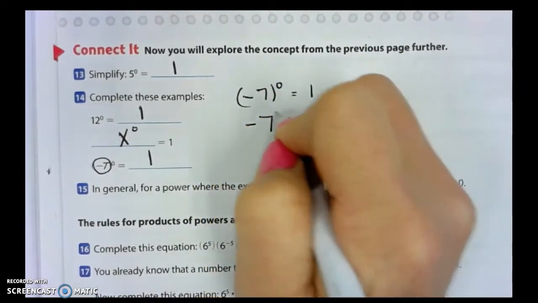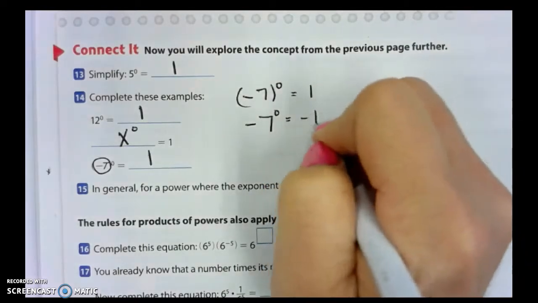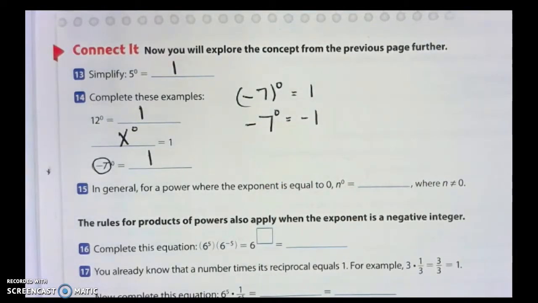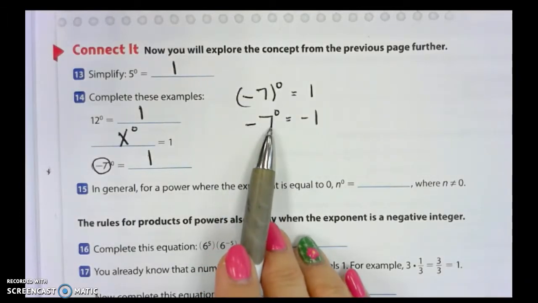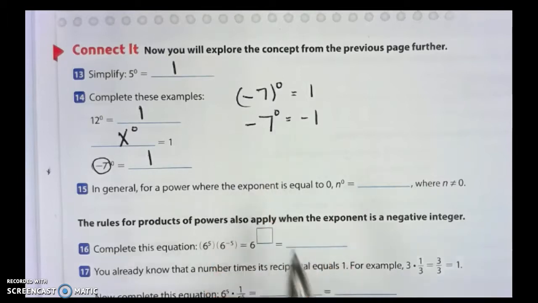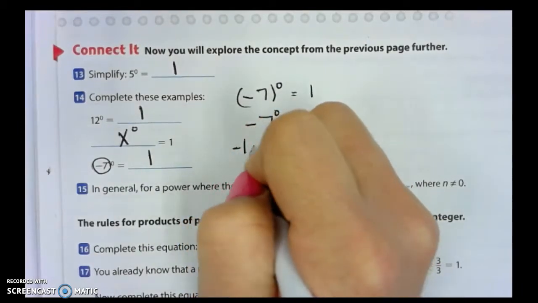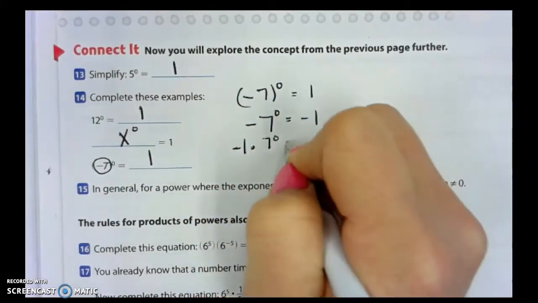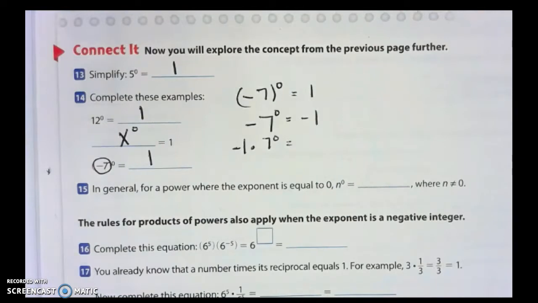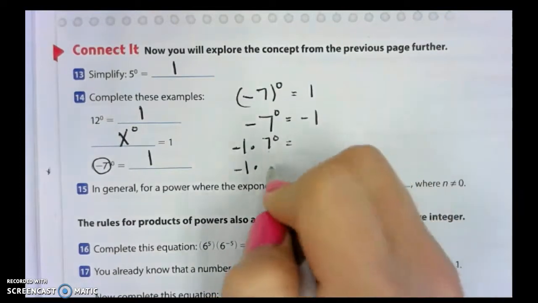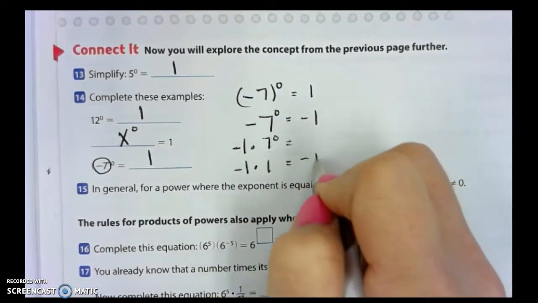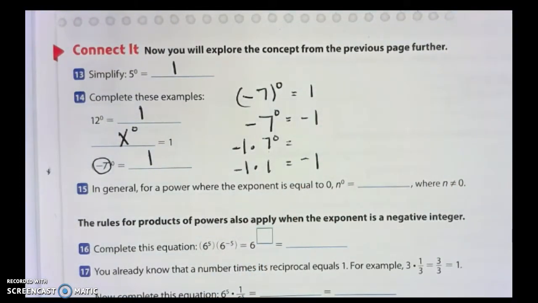Negative 7 to the 0, without parentheses, is negative 1. The reason why is because this negative is not attached to the 7. It's not grouped together. It would be the same as saying negative 1 times 7 to the 0. And of course 7 to the 0 is 1, so you would have had negative 1 times 1, and your answer would have been negative 1.